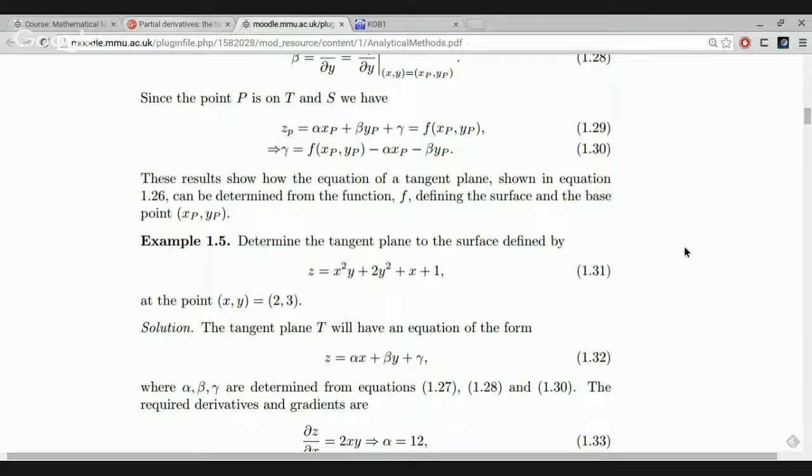So alpha is df dx evaluated at xp, yp. So df dx is 2xy plus 1. Actually, there's a misprint in the notes here. You can see in equation 1.33 in the printed notes, I omitted that plus 1. I didn't do the differentiation correctly when I was typing it.